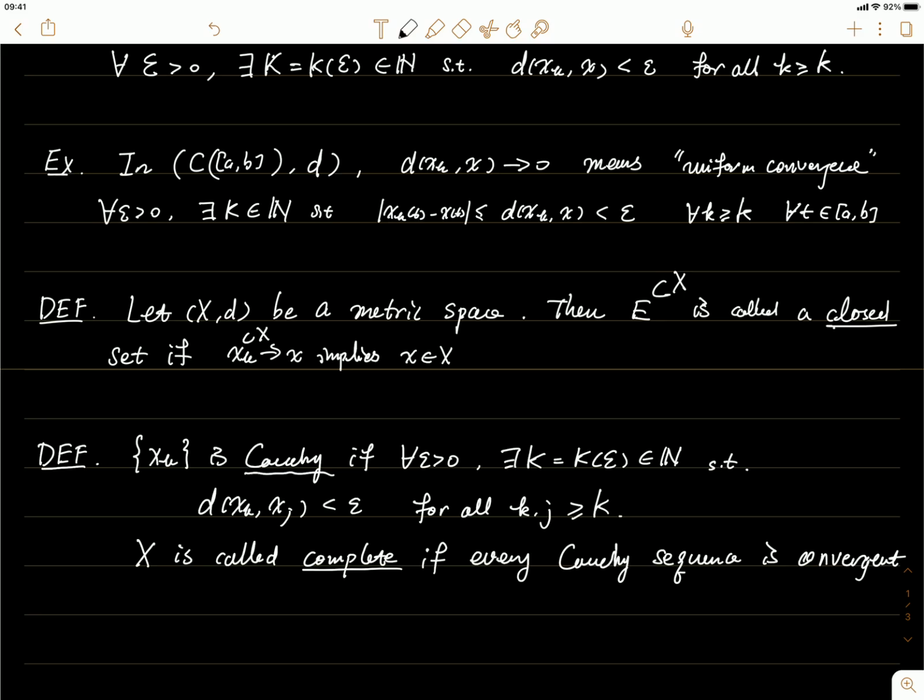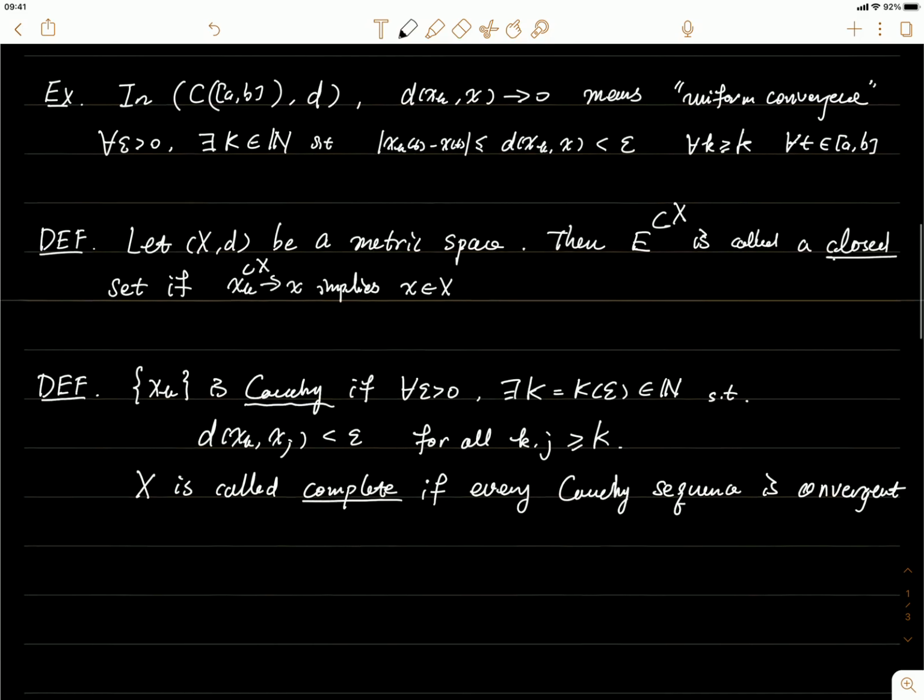So in most cases, we will be interested in working on a complete metric space, meaning that if we can prove a sequence is Cauchy, then it is guaranteed that it is convergent, and its limit is inside X, inside the space we're working on.